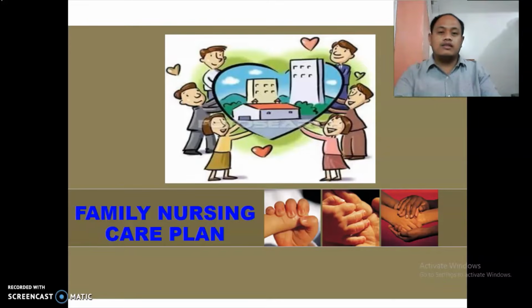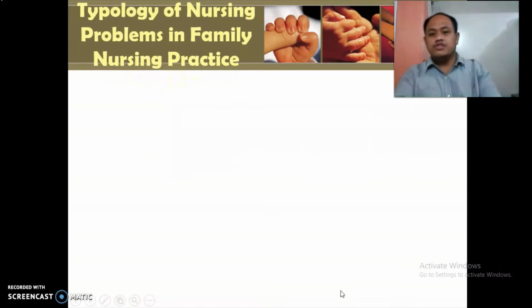And part po ng ating assessment under your family nursing care plan is to identify the nature of the problem of the first two levels of clientele, which is the individual and family, which will now bring us to the topic that we are going to discuss today, the typology of the nursing problems in the family nursing practice.